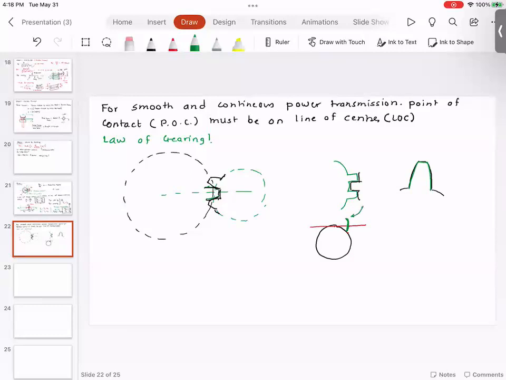And this profile has a particular name. There are 2 ways this can be done. You can have a line that is tracing the profile, or you can have a circle that is tracing the profile.